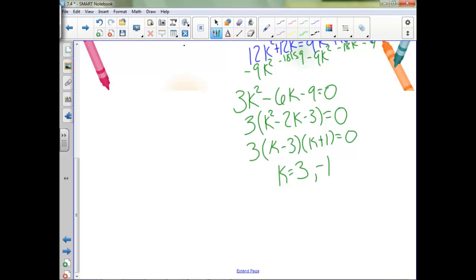Now we do need to check both of these. So this is checking that 3.